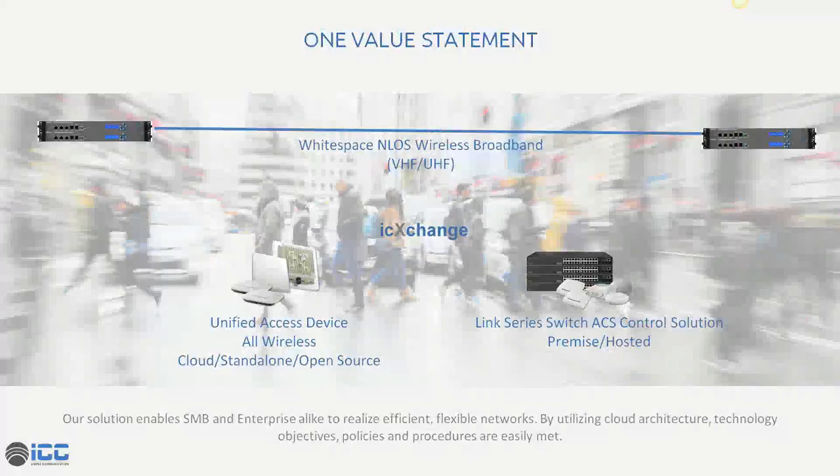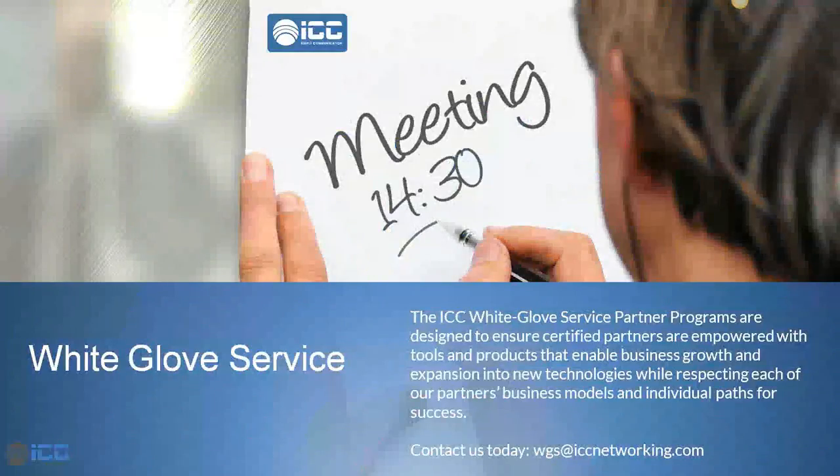to be able to realize that level of efficiency and flexibility from a network standpoint in the age of IoT and machine to machine. So what we are doing is we continue to do multiple levels of our white glove service partner programs, where we introduce our partners to different levels of the technology and walk them through what their true capabilities are, so that they don't necessarily have to sit for a canned set of products with a canned set of product lines and a canned set of feature sets that they have no control over, and that they can't add value to as well.